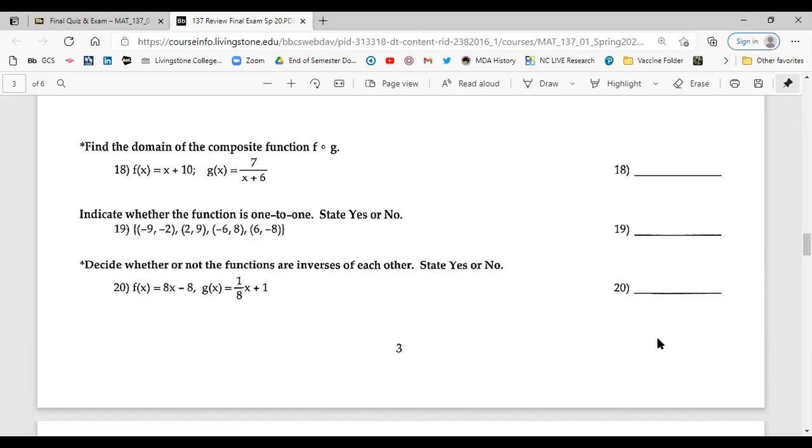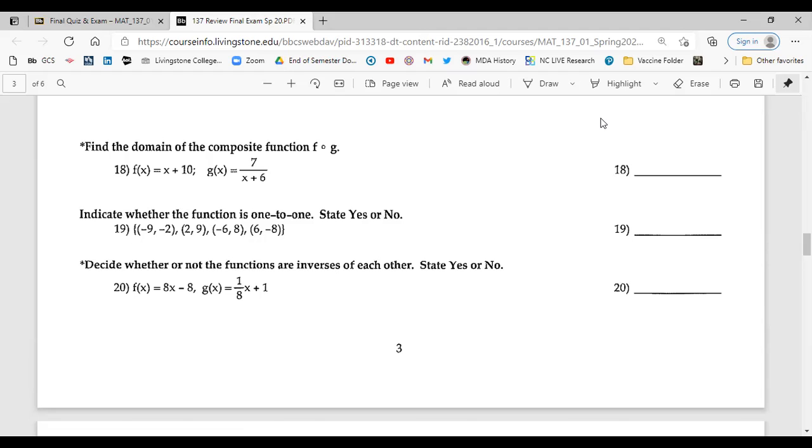So basically, now we're trying to find the domain for f composed with g.